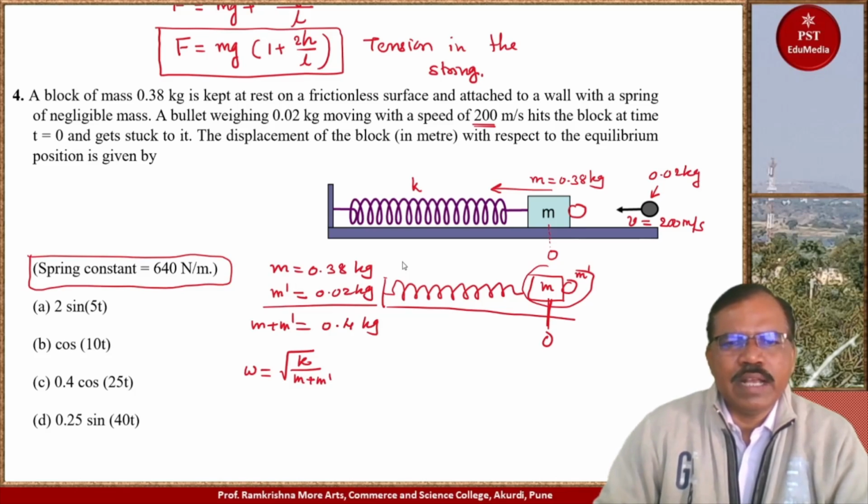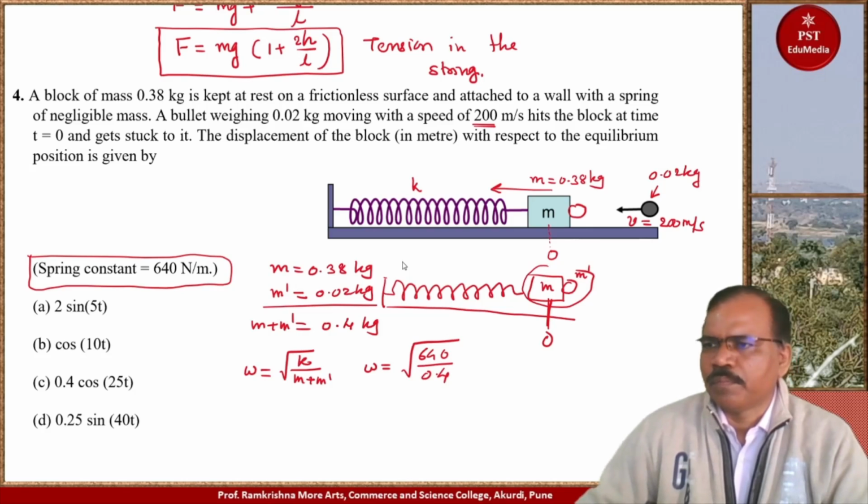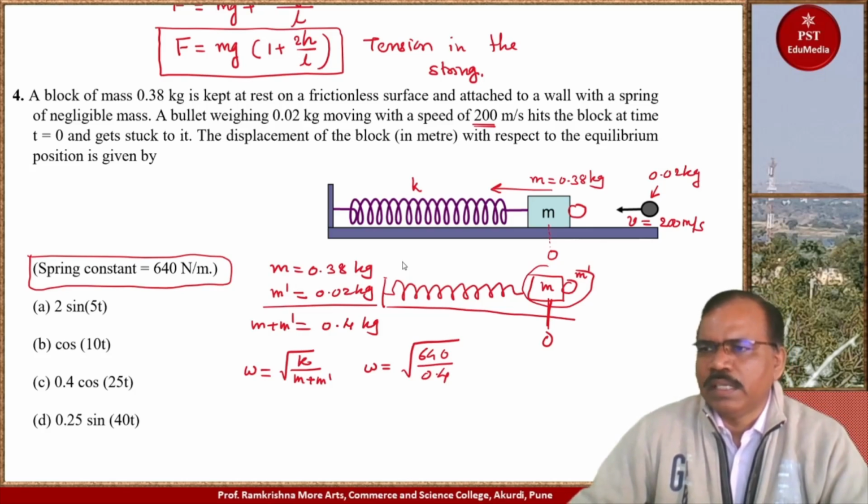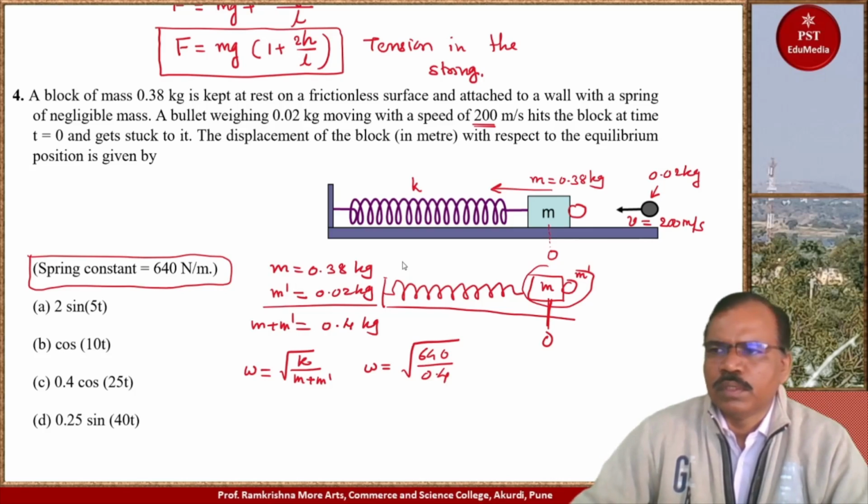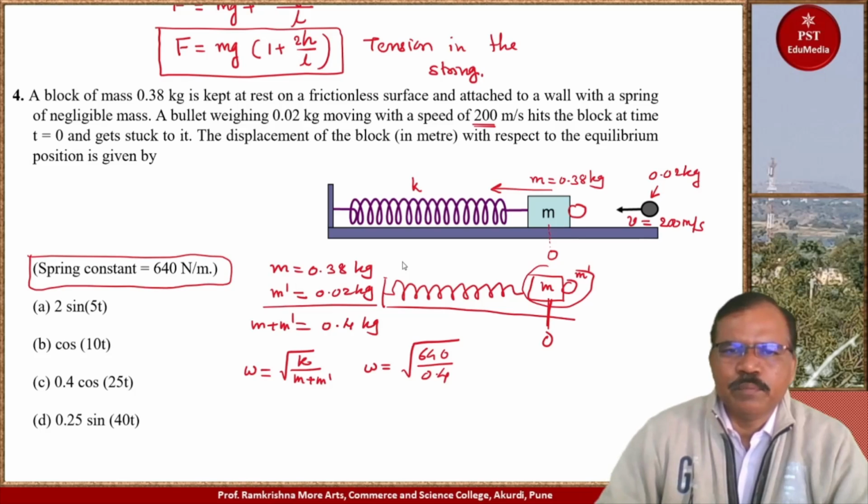So what is omega now? Omega is equal to under root 640 divided by 0.4. If we calculate this, we get root of 6400 divided by 4.